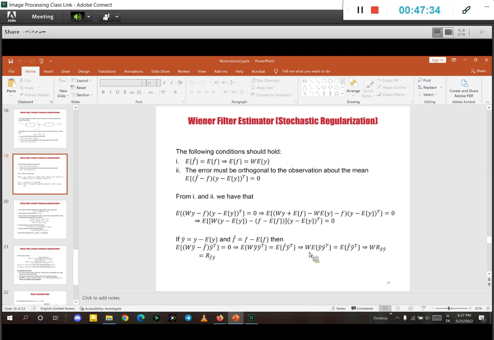This is a defined, known system. So W times the expected value of Y hat transpose is the expected value of F hat Y hat transpose.